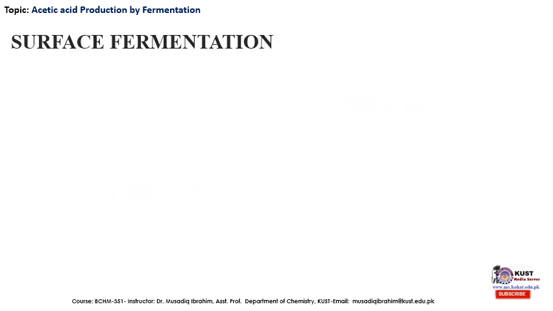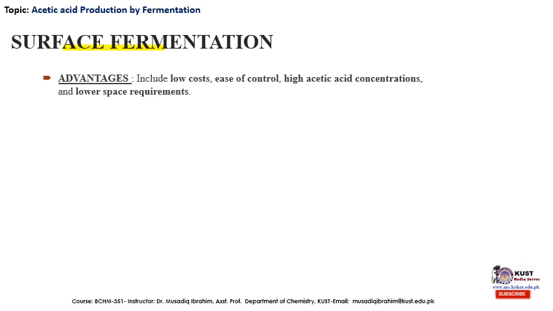Now, in terms of surface fermentation, there are some advantages and disadvantages. The advantages include low cost, ease of control of the process, high acetic acid concentrations meaning high yield, and lower space requirements.